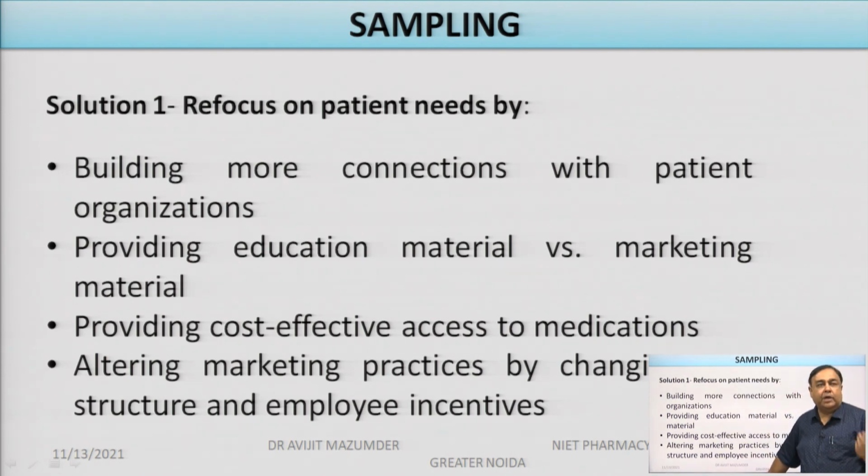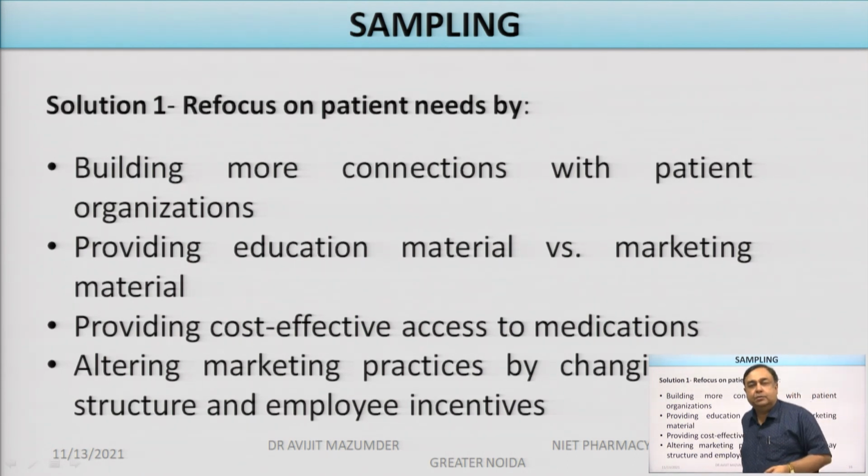Build more and more connection with the patient organization, more and more connectivity with the patient. Whenever a doctor is writing a prescription, he should keep in mind the need of the patient, what the patient requires, from what family the patient is coming, whether the patient has such an amount of money to spend. So, a doctor should build more connectivity with the patient, a sort of mental linkage with the patient needs to be developed.